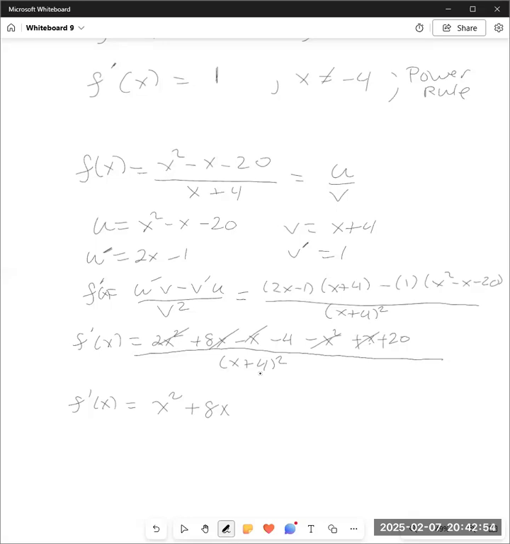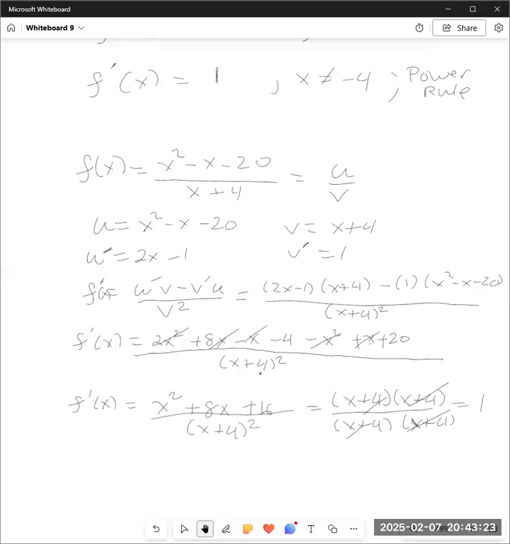And then 20 minus 4 is 16 over x plus 4 squared. But this numerator is x plus 4 times x plus 4. And x plus 4 squared is also x plus 4 times x plus 4. So these all cancel to make a 1, which is the same answer.